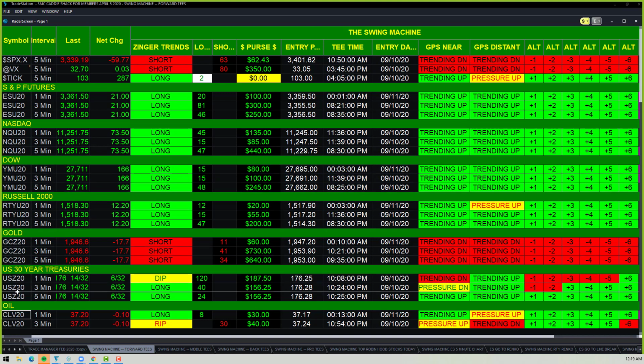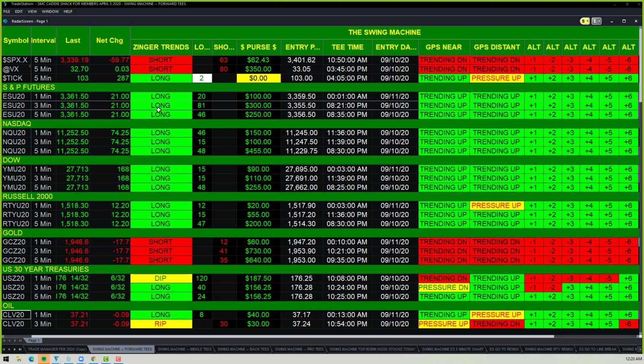We can use the Swing Machine to monitor any futures market or stock, and therefore options, on any interval of your choosing. We choose on an intraday basis to trade the futures because they're liquid and we don't have to be concerned about something gapping up or gapping down. The market is always open. So let's just take a look at this 3 minute, for instance.